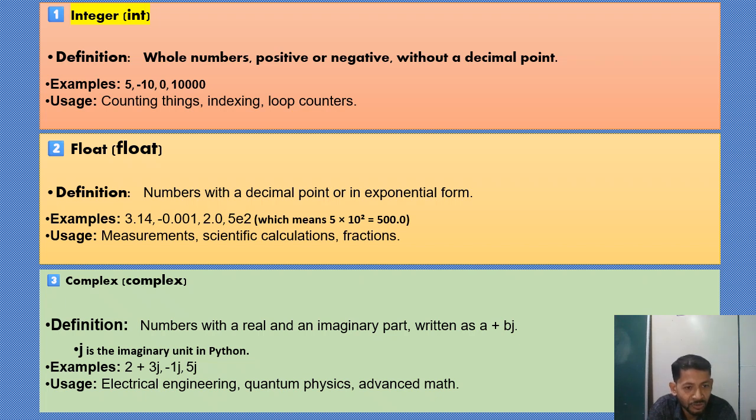Any numbers, positive or negative, it should be an integer part, and there will be no decimal point like 2.5, 5.7, anything. No. Usage: counting things, indexing, loop counters. It can be used in counting things. Any index you need to make.